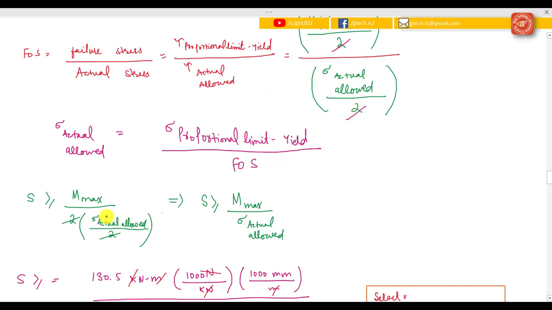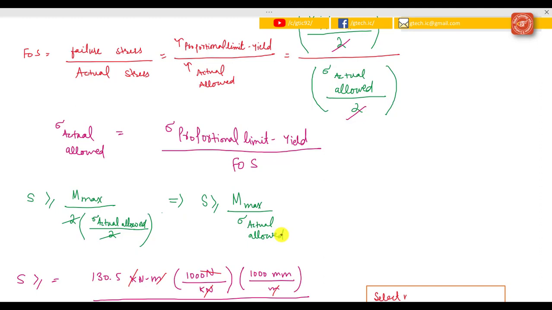Substituting this term, the twos cancel out, and the section modulus S is greater than or equal to moment max over sigma normal stress actual allowed. So now we want to design our section modulus to be greater than or equal to the maximum moment experienced divided by this allowed normal stress.